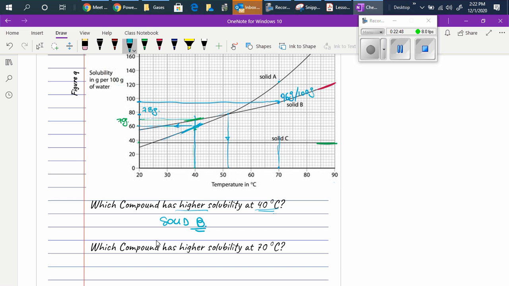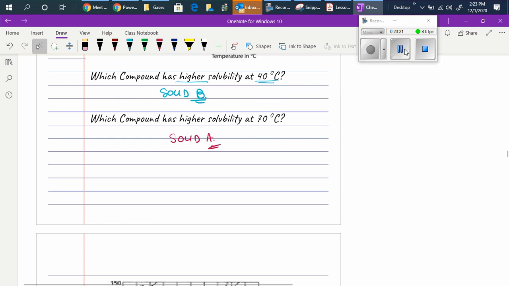And for A, I will use a different color so that you can see. For A, we have this one here, 122 grams per 100 grams of water. So as you see, at 70 degrees solid A takes the lead, and you can add more at 70 degrees Celsius.